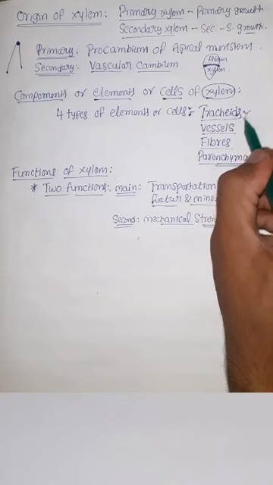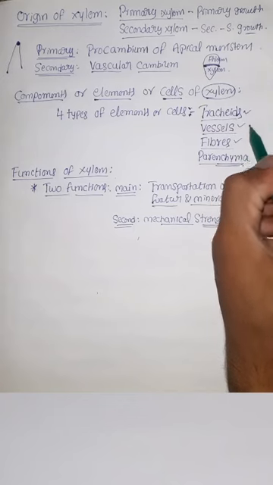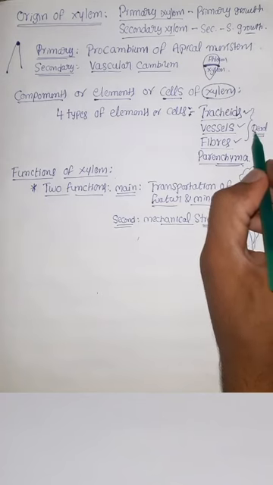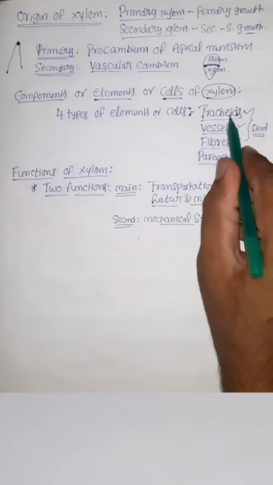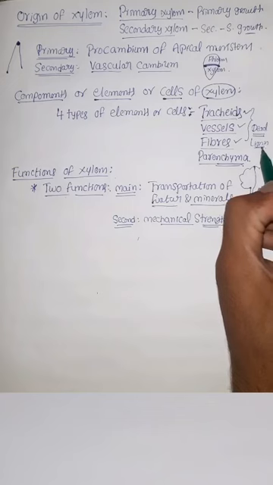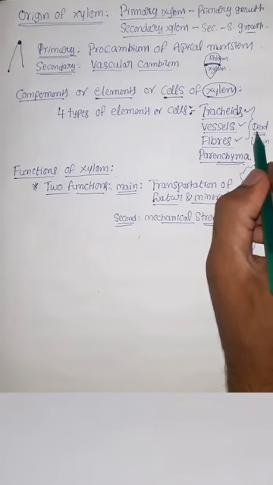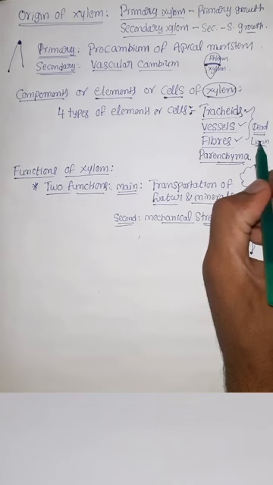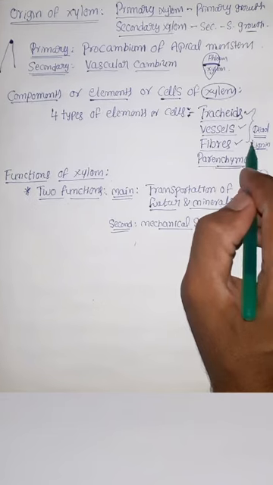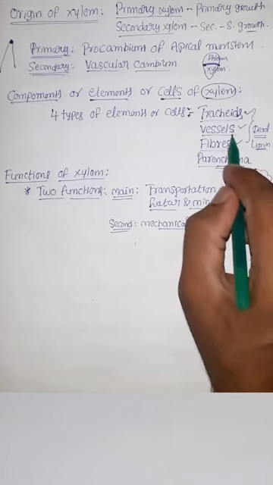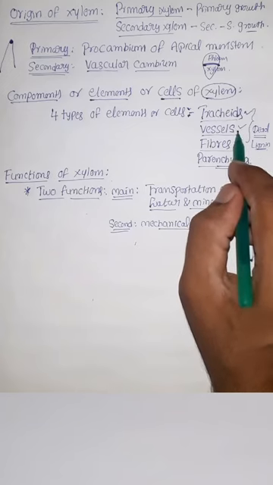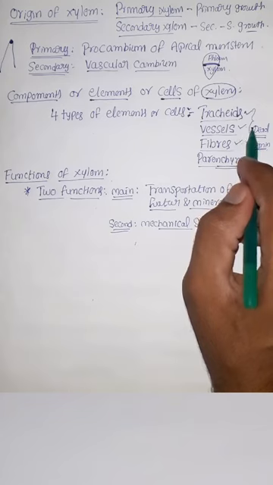Of these, tracheids, vessels, and fibers are dead cells, because in their walls we can see lignin depositions. Since lignin is very hard in nature, these three are very hard. There are no cellular activities in these cells. The only functions are mechanical support and water transportation through some physical processes.